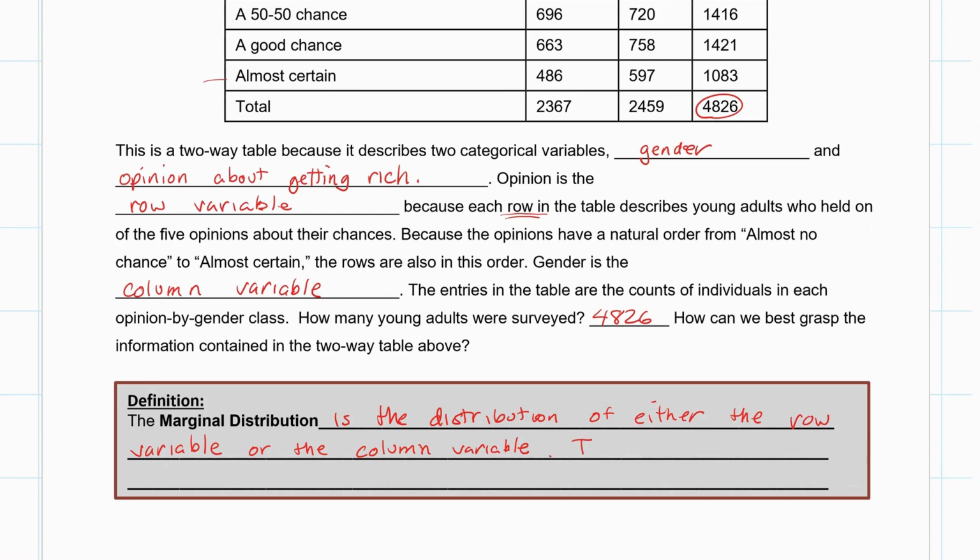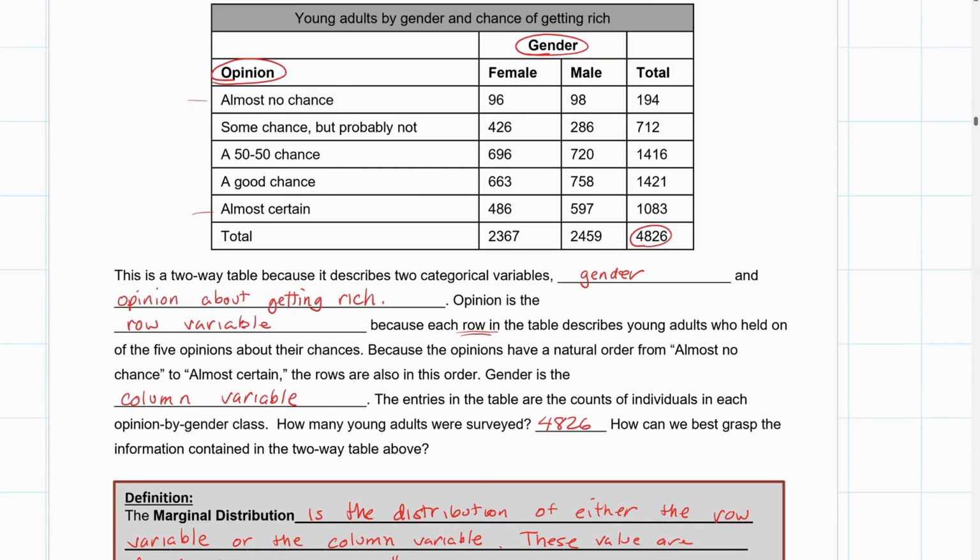Okay. Why do we call it the marginal distribution? Because these values are found on the margins, on the edge of the data table. All right? Really what we're saying is, hey, if I look at only the data on the margins, here's that data. And you know what all this data is?